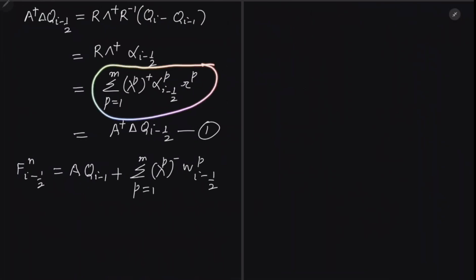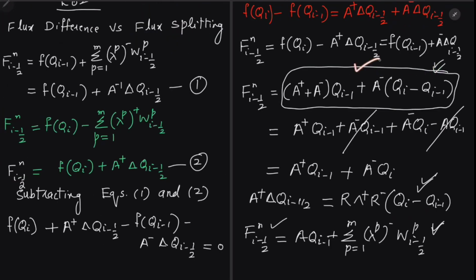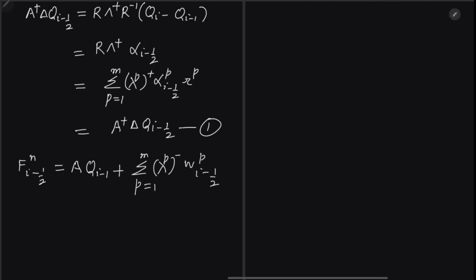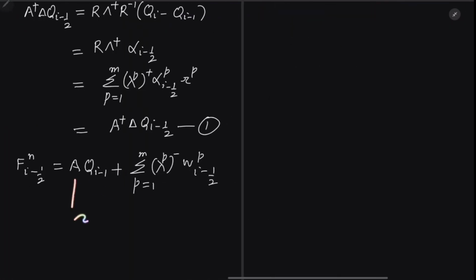We can put the value of this over here with a plus delta q i minus 1 half. So we can probably get this value over here from Fn i minus 1. We have qi minus 1, and A can be written as A plus A minus.